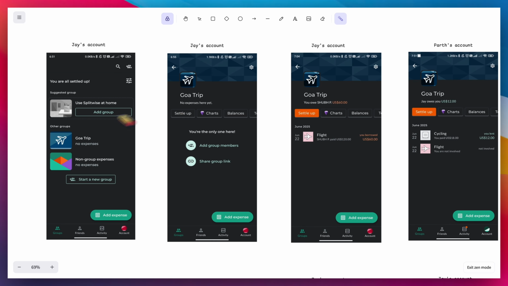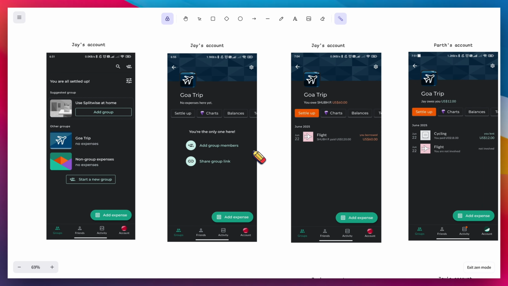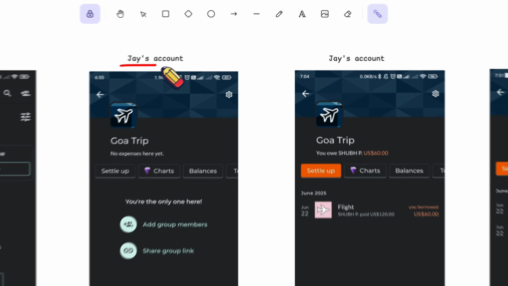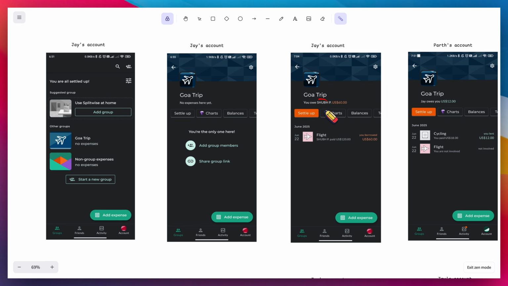Now, when I click on this Goa trip group, this is how the interface would look. And you can keep on adding different members into this group using this particular option. So let's say Jai added me into this group, and we both went for the Goa trip using the flight.